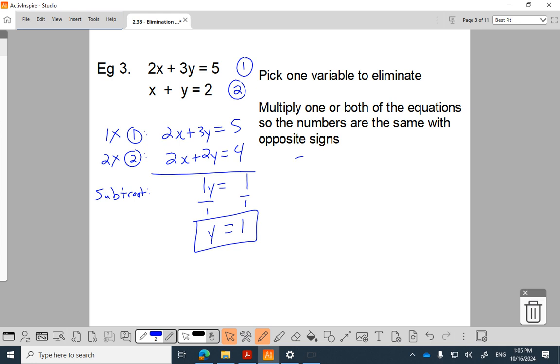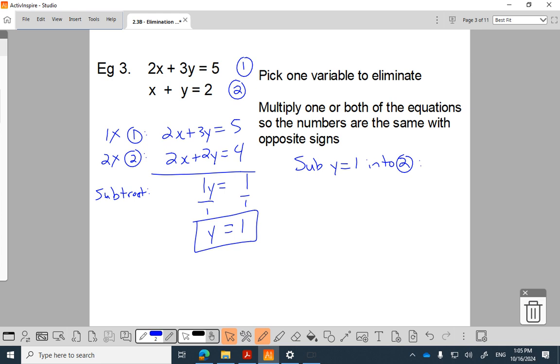Sub y equals 1 into, okay, hold on. I really want to argue that one of these equations is way better than the other one to sub in. Equation 2 is way better. It's just easier. I just did one because it had more values.